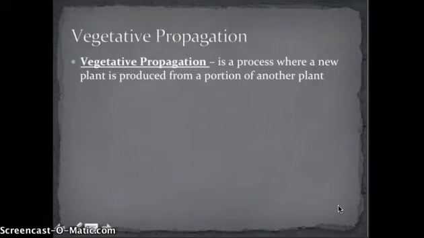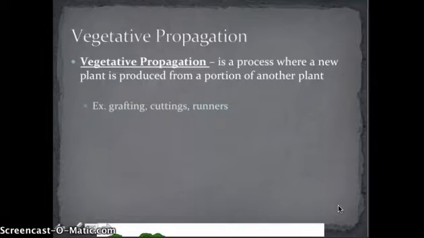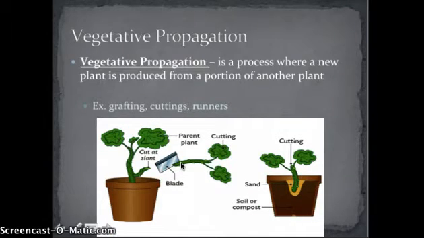So the example here is grafting. We also call them cuttings or runners. If we take the clipping of one plant, cut that off and stick it into soil, sand, or compost, we can grow a genetically identical plant to the parent, but now we have two plants instead of one.